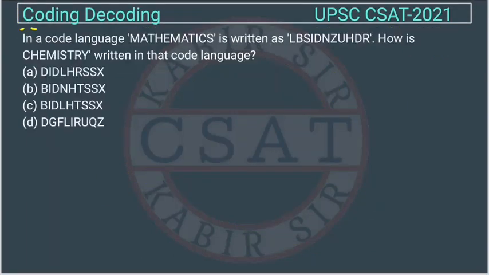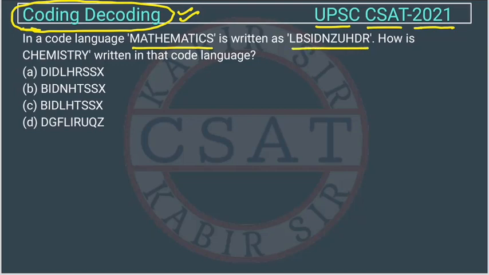This question is from the reasoning chapter, coding decoding, right? This question was asked by UPSC in the CSAT exam of 2021. If a code language mathematics is written as this one, how is chemistry written in that code language?